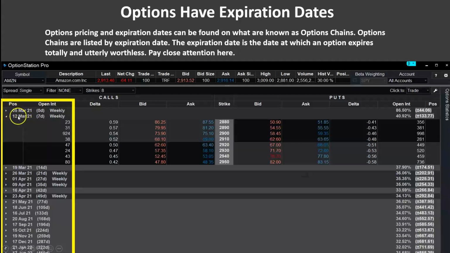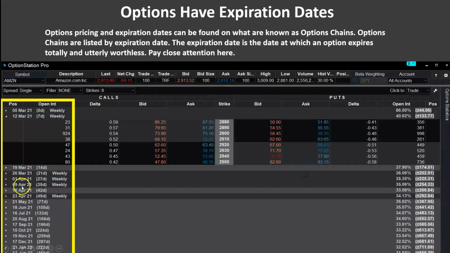So March 5th, March 12th, that's a weekly option. You'll notice March 19th is not a weekly option. This is the monthly option. March 19th, I don't even have to pull up a calendar, but March 19th is going to be the third Friday in March. And if I come down here to April 16th, that is going to be the third Friday in April. See, that's the first Friday. It's a weekly option.